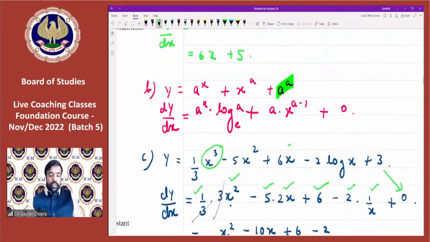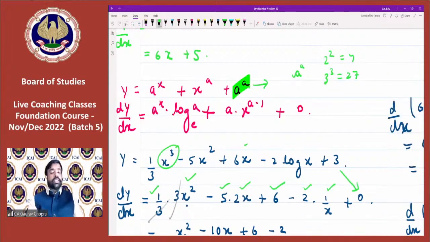And then there was one doubt in this a to the power of a. So a is a constant and power a is also a constant. Just like 2 square is simply 4. 3 to the power of 3, it is 27. So whenever both the numbers are constant, then it is completely a constant number and the derivative of a constant is always equal to 0.